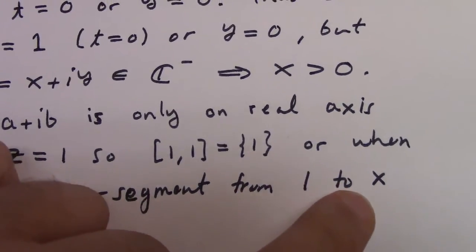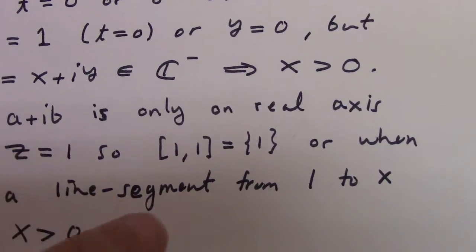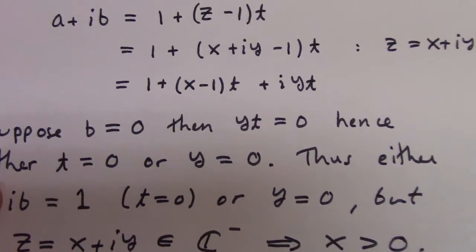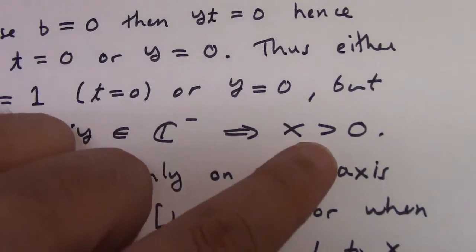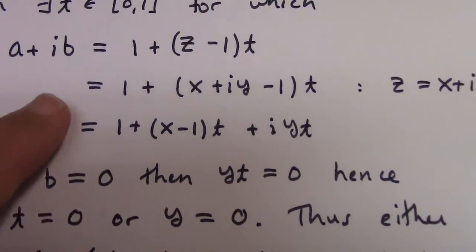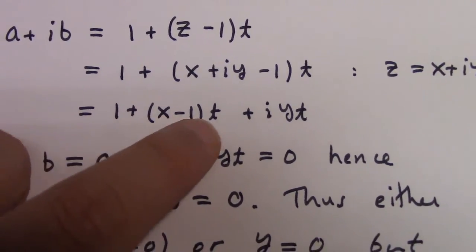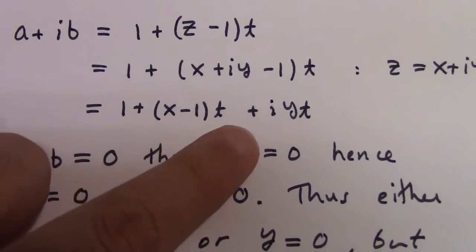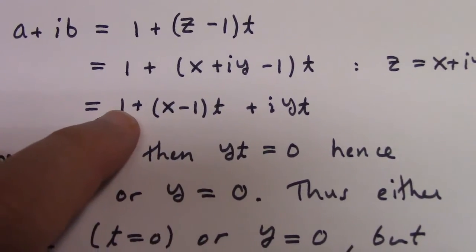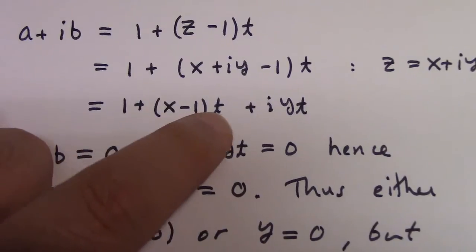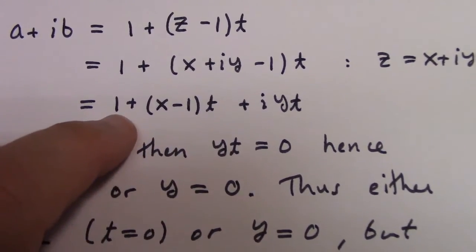Going back to the equations up here, if x is greater than 0 and t is between 0 and 1, it's easy to see that the quantity 1 plus (x minus 1) times t has to be positive.